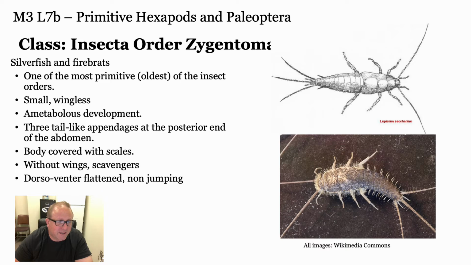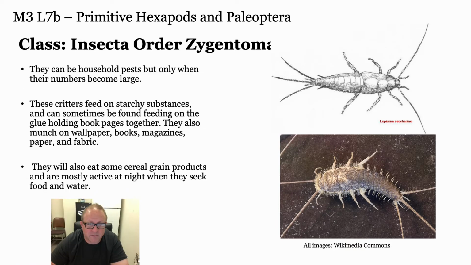Body covered in scales. They're scavengers. They're really kind of annoying, the silverfish. You've probably seen them in your house, like I said, in your garage, your basement, running around. Not really that pleasant to have around. They love starchy substances, so they can be found feeding on glue, books, wallpaper, magazines, fabric.